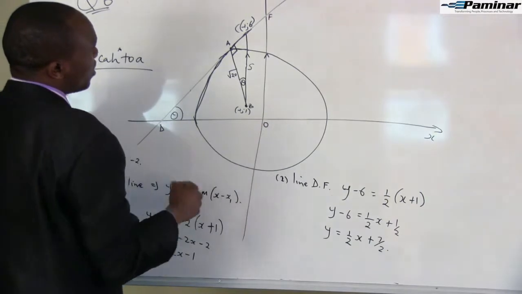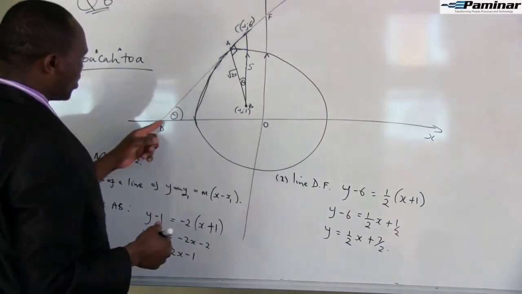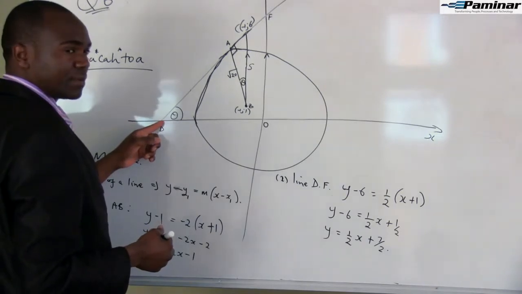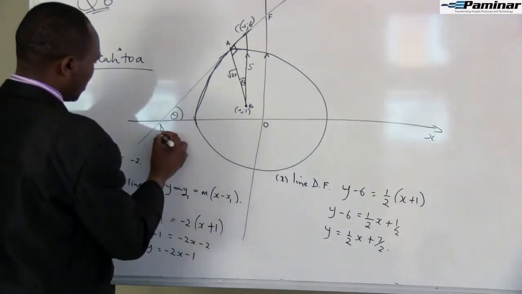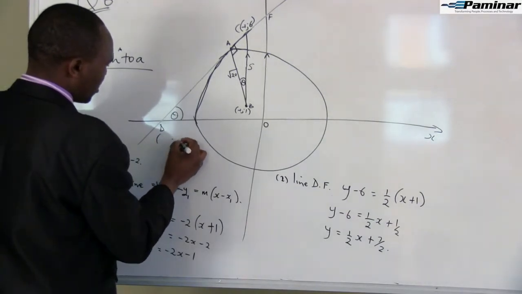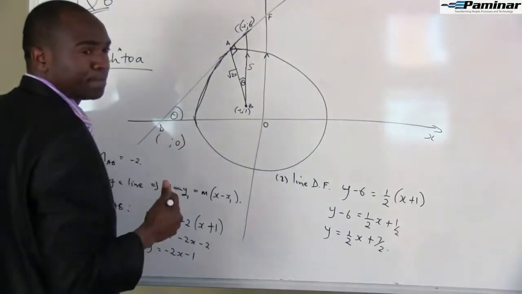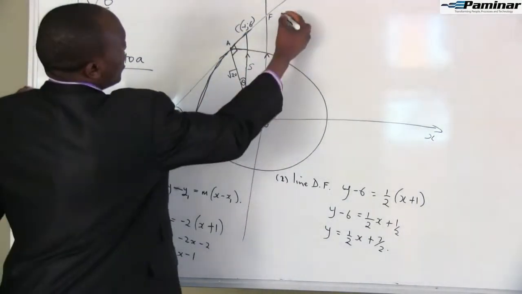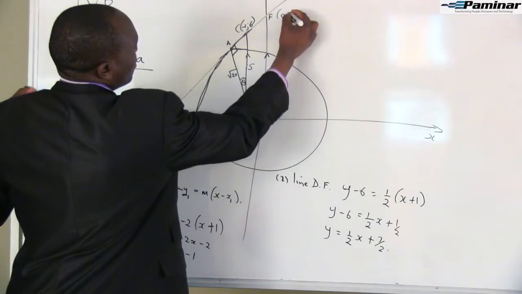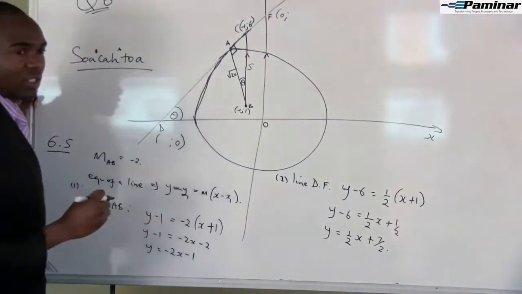Now the equation of this line DF, what do we know of any point on this one? x is going to be some number, and then y is 0. And then what do you know about this point? x is 0 and y is a number. So what is that number? That's what we need from there.